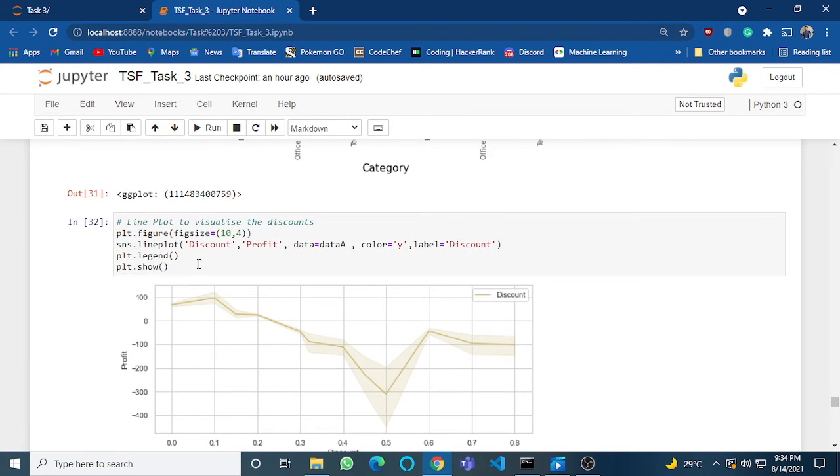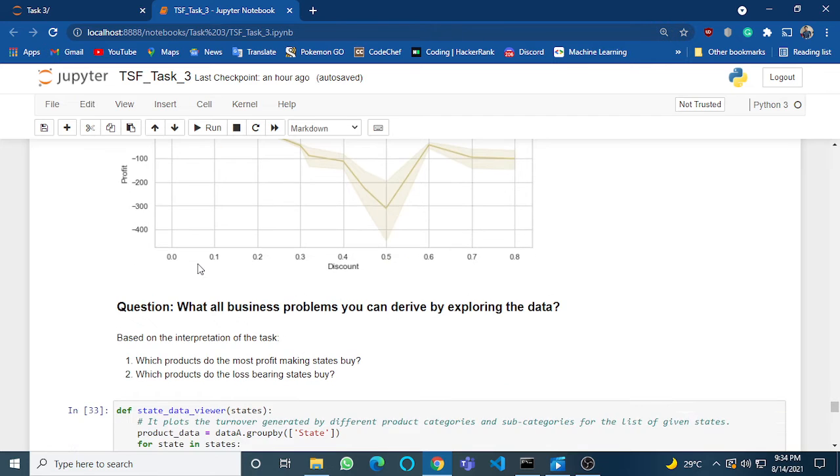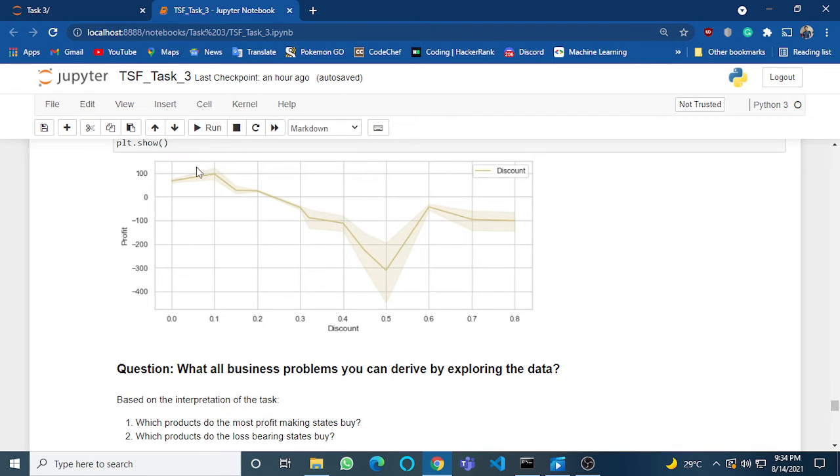Next, I have done a line plot to visualize the discounts, and this line plot gives us the insight that the values are very low when it comes to the 0.5 range.